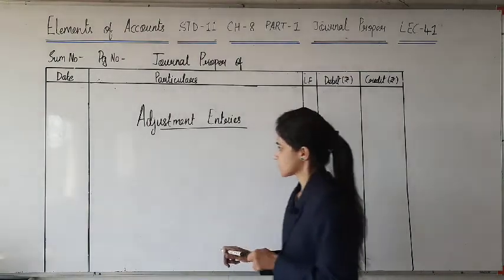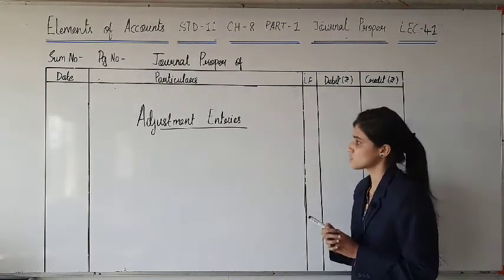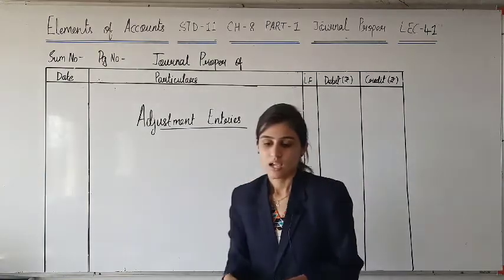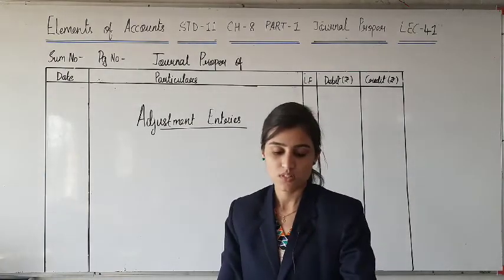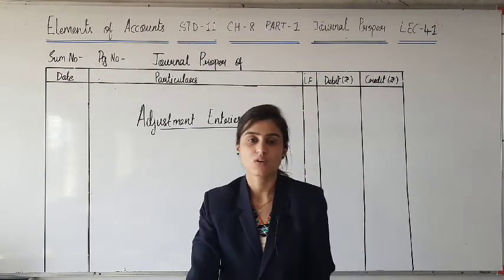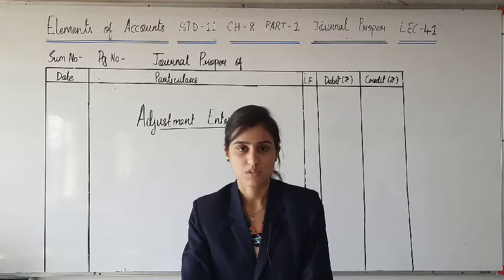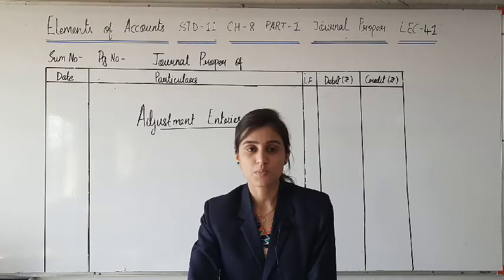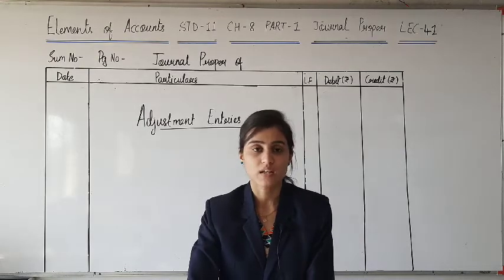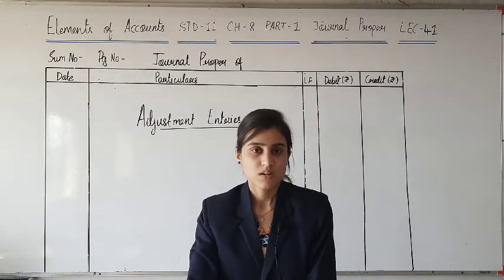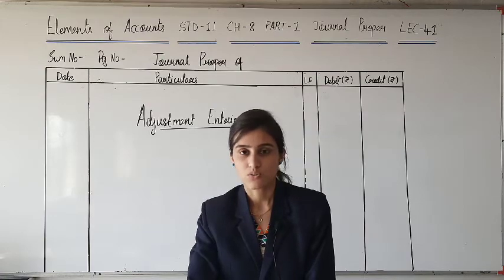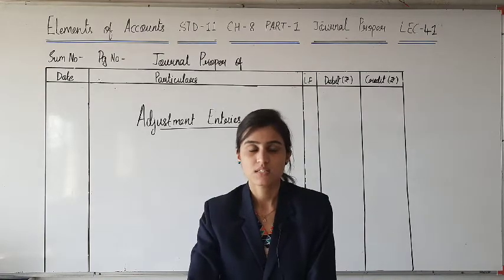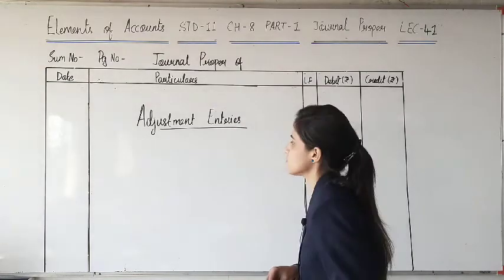Prior to this, we have understood closing entries, and the new words that we learned were trading account and profit and loss account. And if I am not wrong, I mentioned that these are the accounts prepared at the time of preparation of annual accounts. Annual accounts is a chapter in part 2, chapter 5, in standard 11 itself.